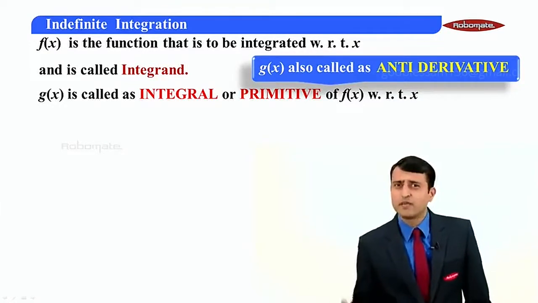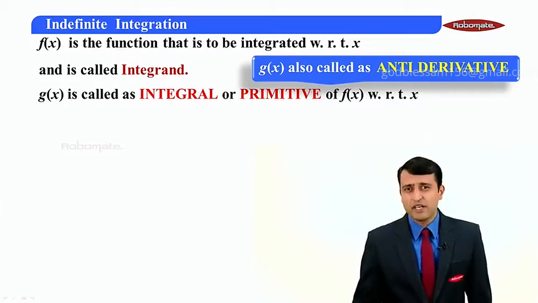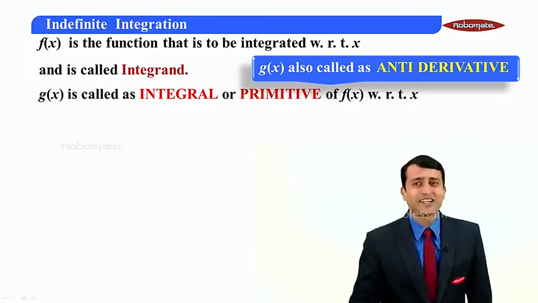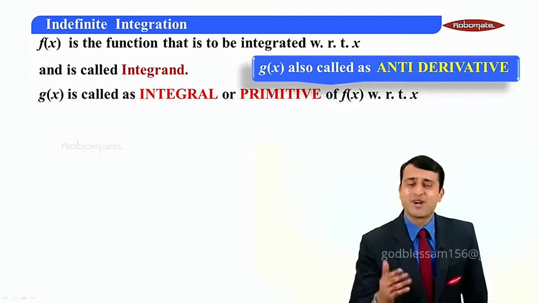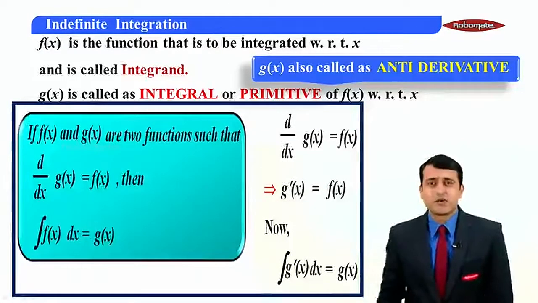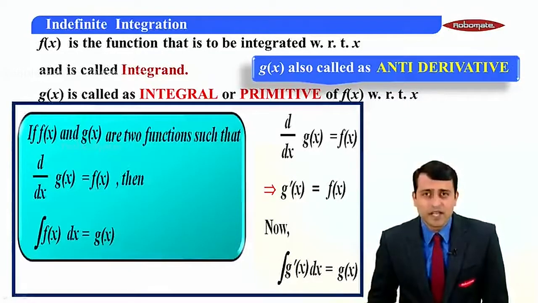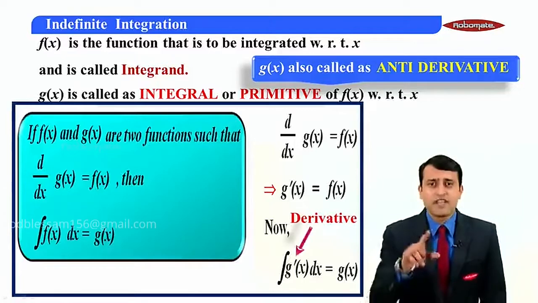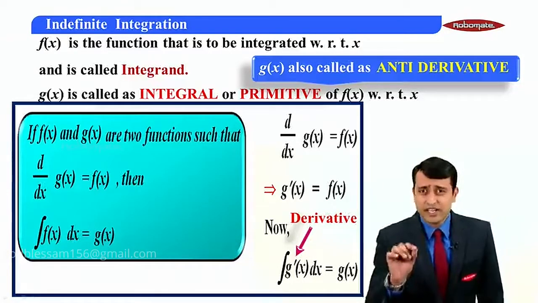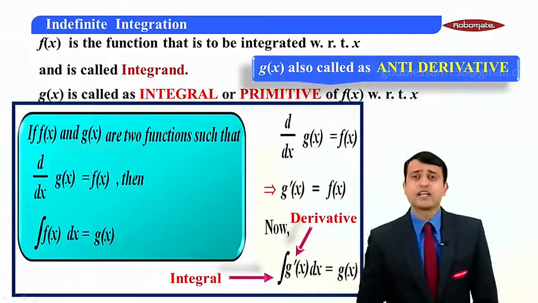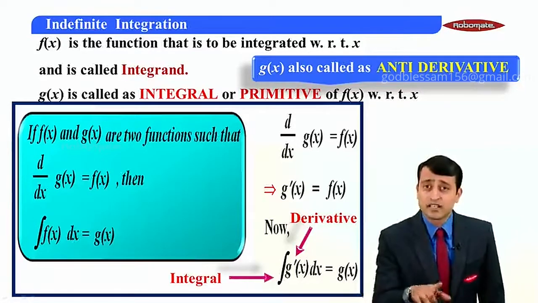Now we know anti means opposite. So does that mean integration is the opposite of derivative? Not in the literal sense. Let us understand why it is called antiderivative. My concentration is on the last line there. We have understood that g dash of x means derivative. Now I am integrating the derivative, and we get back the function.